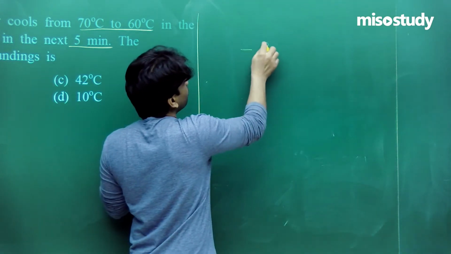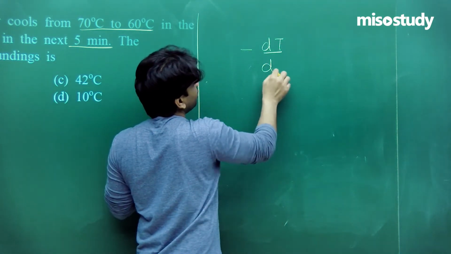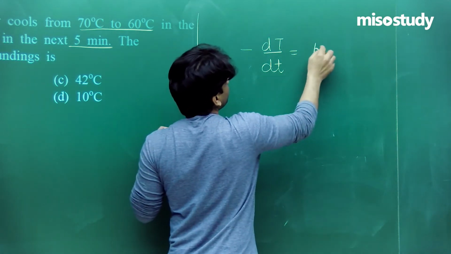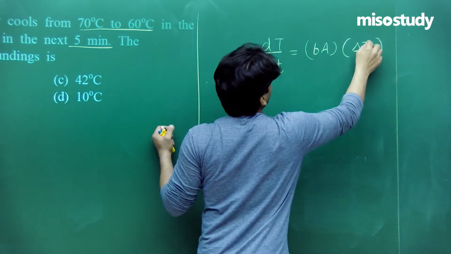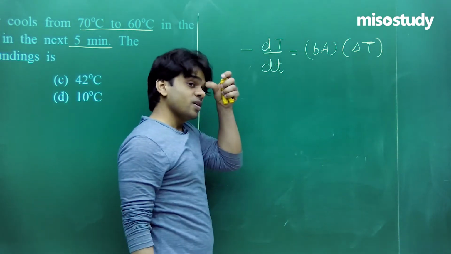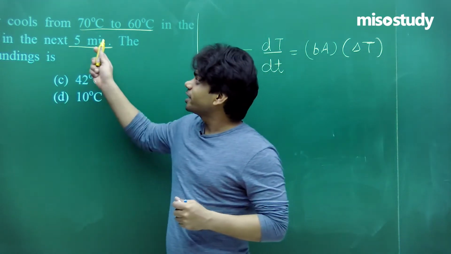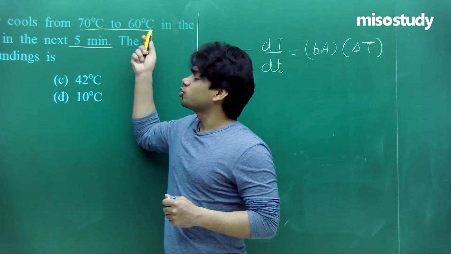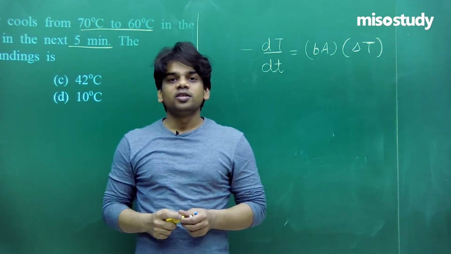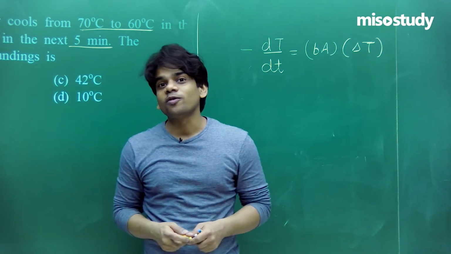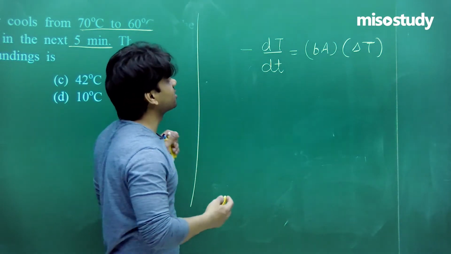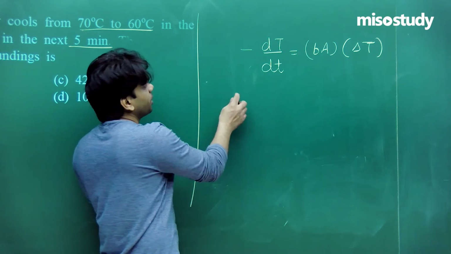So we can use minus dT by dt is equal to BA into the difference in temperature of object and surrounding, that is delta T. Now here you see the object temperature cools from 70 degrees Celsius to 60 degrees Celsius. So what temperature to take? We have to take the average of 70 and 60 degrees Celsius as the object's temperature.